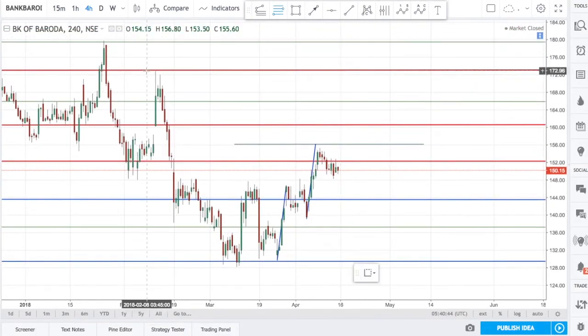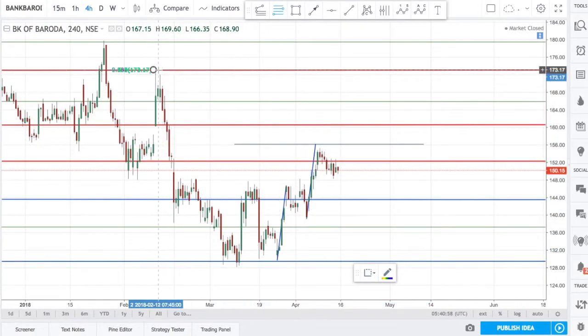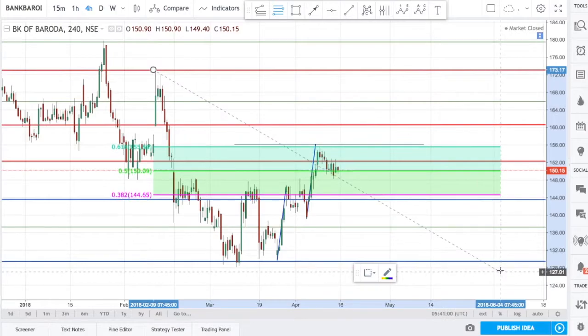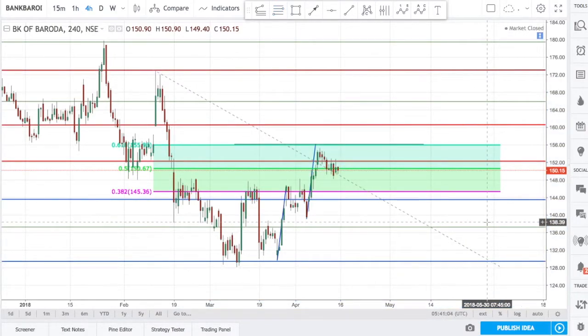Next, Fibonacci retracement. Let's make a Fibonacci retracement of this whole move from this point into this point and see where we get this 0.618.